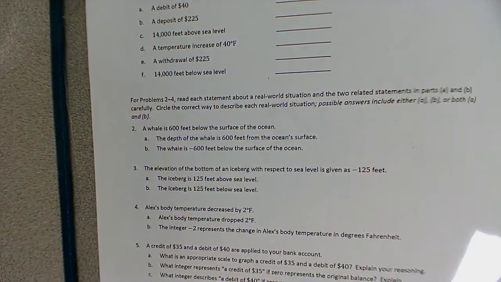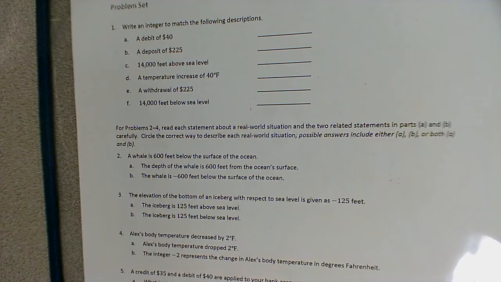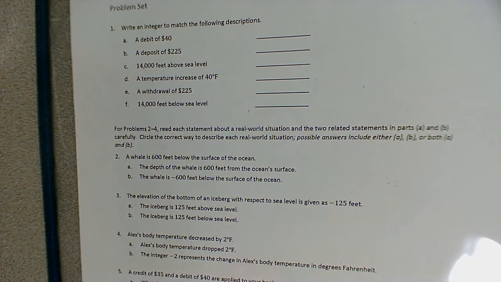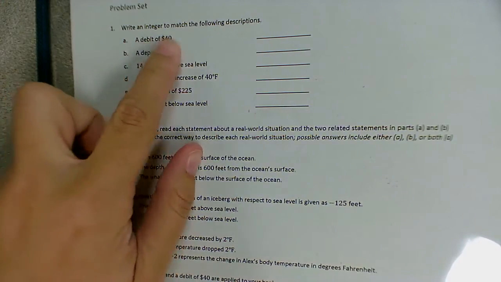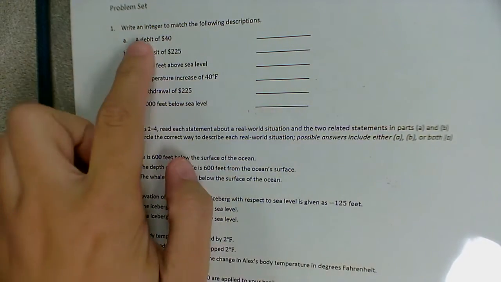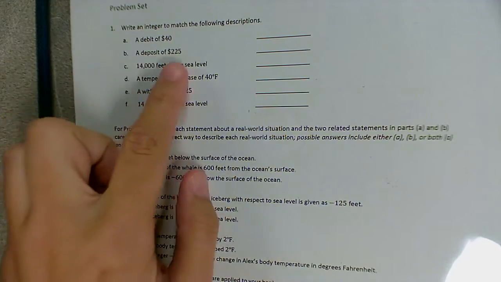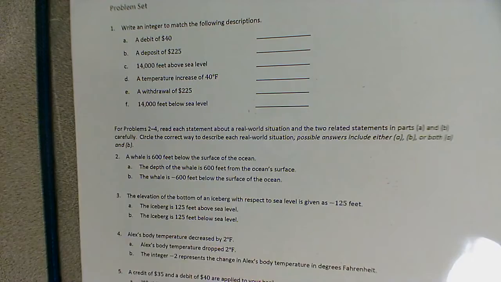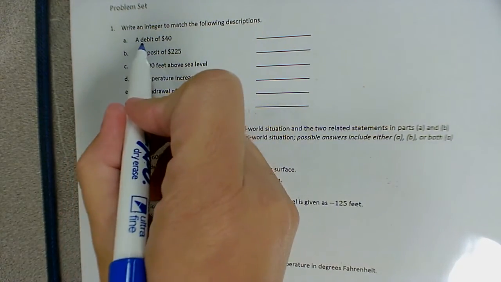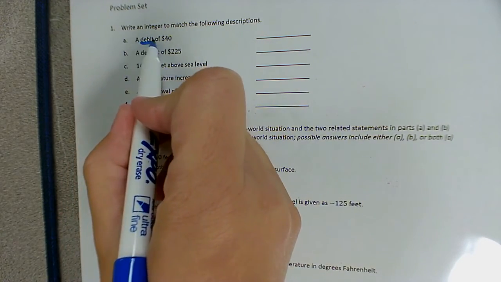This page will also be part of your independent practice, but let's review it really quick just to make sure that we all understand it. So part 1, you'll write an integer to match each description. So we have some banking words, we have some sea level words, and we have some temperature. If you remember from our previous lessons, debit means that we're taking out.